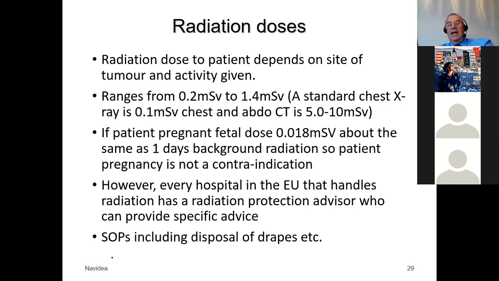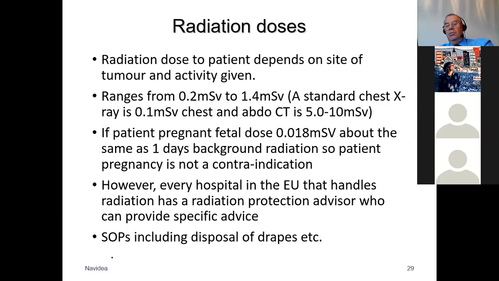And that is the same as the fetus would receive from background radiation just living in the world for 1 day. So unusually for nuclear medicine, like lung scans, sentinel node scintigraphy is not contraindicated in pregnant women. And this is very useful because you don't want to delay operations.